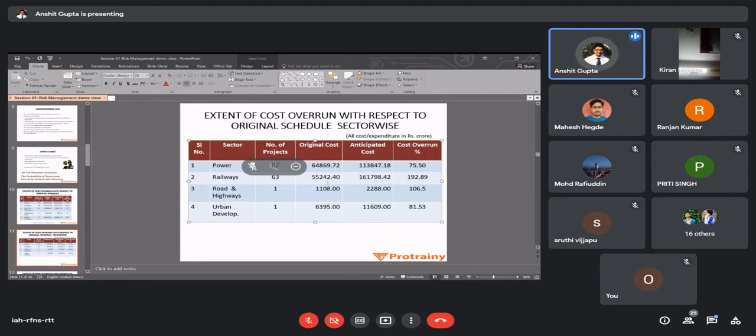In railways, in a few of the projects, there were 192% cost overruns. 192% cost overrun means that if your budget of the project was 100 crores, it shot up to 192 crores. Okay, in roads and highways, in one project there was 100% cost overrun. In urban development, in one project there was 80% cost overrun.